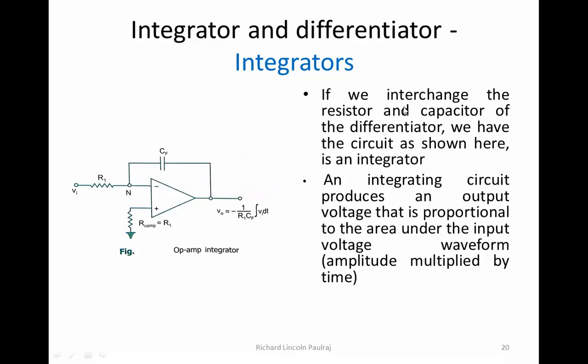If we interchange the resistor and capacitor of the previous differentiator circuit, we have the circuit as shown here. So this becomes an integrator, an integrating circuit. Now this is an important definition, and it could come in your exams. What is an integrator?